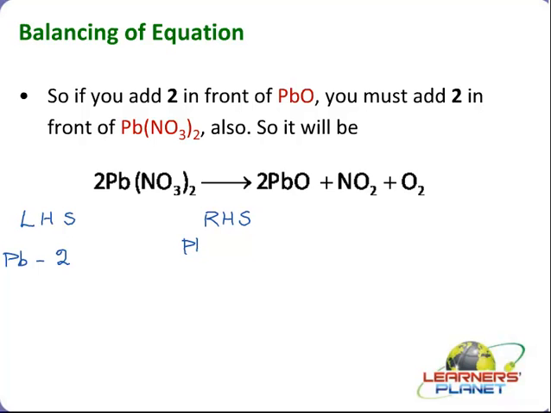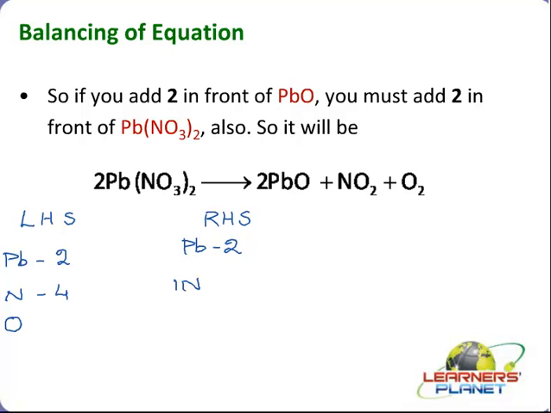On the RHS, lead is 2. Nitrogen, how much nitrogen is there on the LHS? It is 4 nitrogen. How many nitrogen on the RHS? It is 1 nitrogen. Oxygen, how many oxygen on the LHS, students?